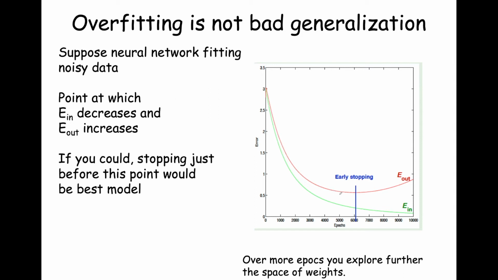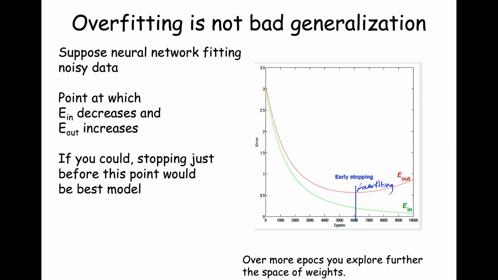That's good. And at some point, we reach a point we mark here where in-sample error continues to decrease, but out-of-sample error begins to increase. And so this point, marked by this blue line, that is the point where overfitting is beginning to happen.